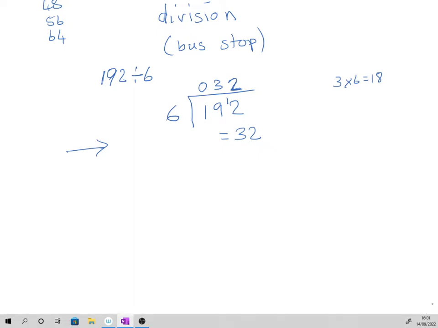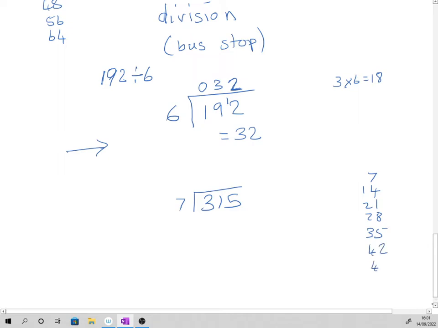Right, so that's division. Let's do another division. Let's do 315 divided by 7. Now you've got to know your 7 times table. Imagine you didn't: 7, 14, 21, 28, 35, 42, 49, that's 7 sevens.